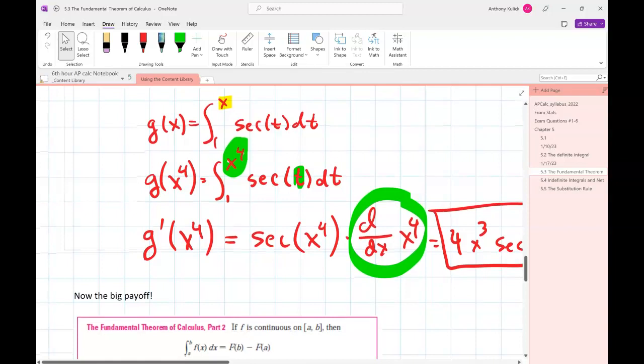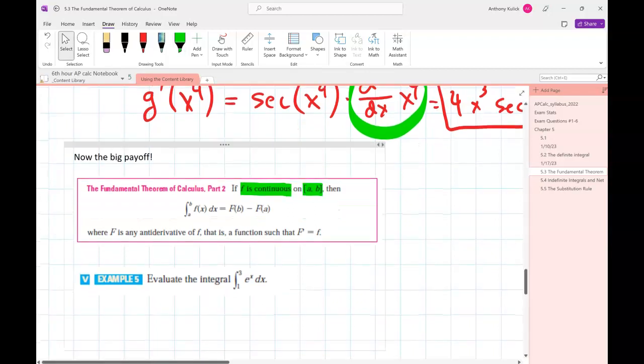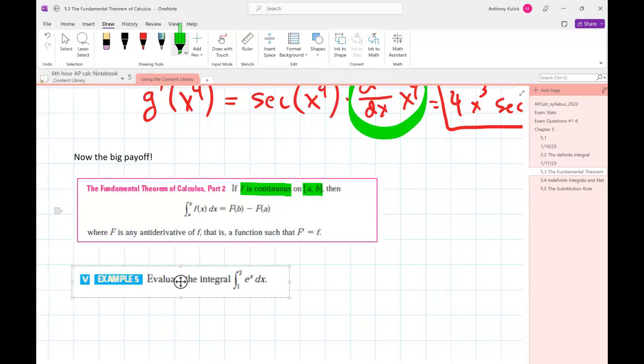Everybody still doing okay? This is the big payoff. Part 2. It says if f is a continuous function on the closed interval from a to b, then the definite integral from a to b of f of x dx is capital F of b minus capital F of a, where F is any antiderivative of f.